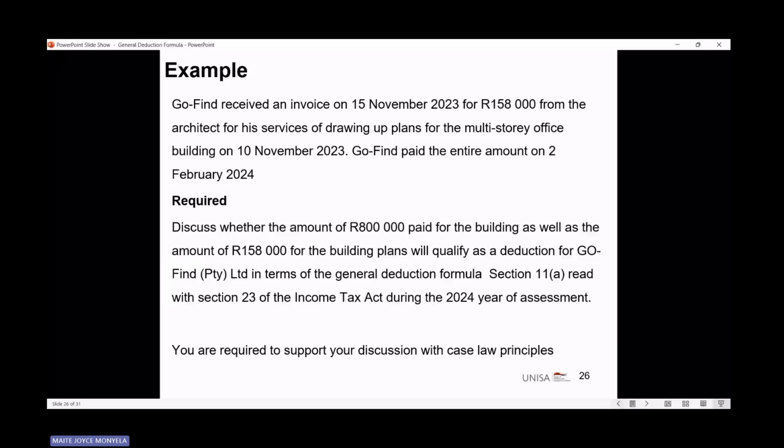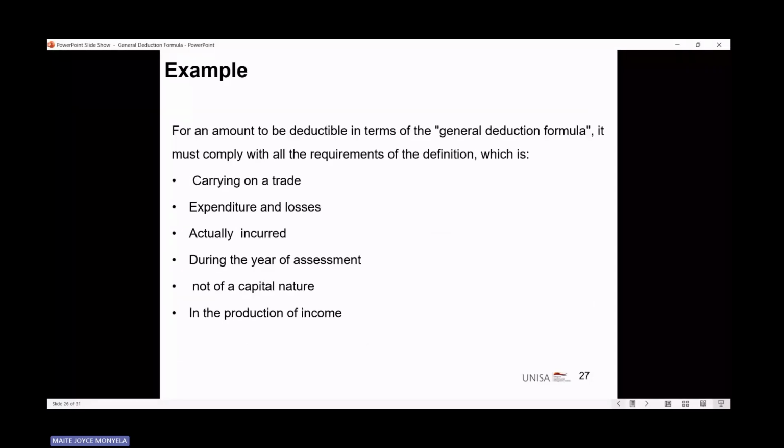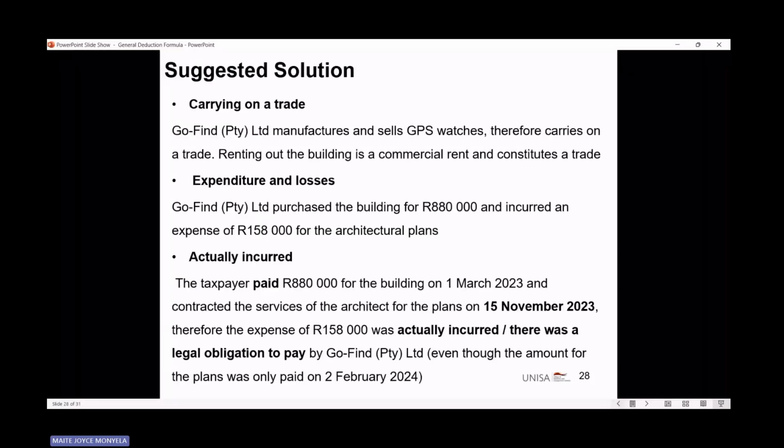So the tax year runs from the 2023 transaction until next year, February 2024. They paid this amount on 1 March, and contracted the service on 15 November 2023. Therefore, the 158 was actually incurred. There was a legal obligation to pay the supplier, even though the amount for the plan was only paid on 2 February. So do you have any question on actually incurred? We can continue.